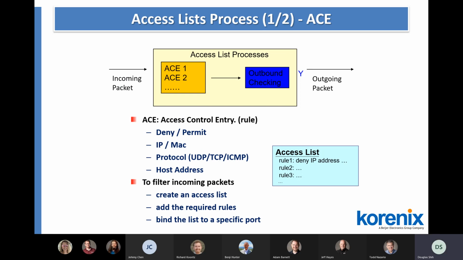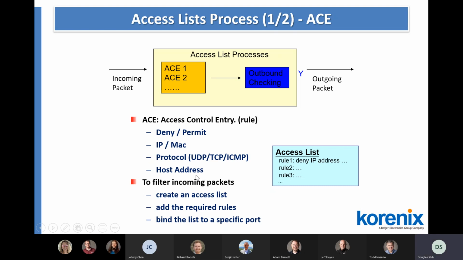And here's the process of the ACE, which we call the access control entry. For ACEs, there is a rule called deny or permit, and we can base it on the IP or MAC address to do the filtering. Also, it includes protocols like UDP, TCP, ICMP.